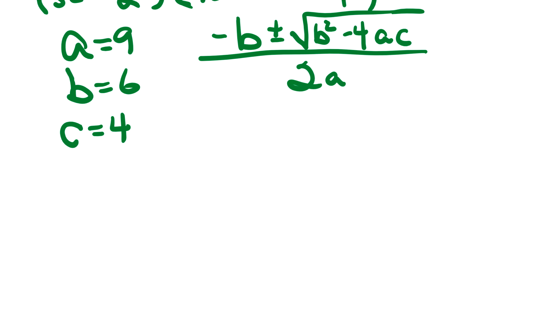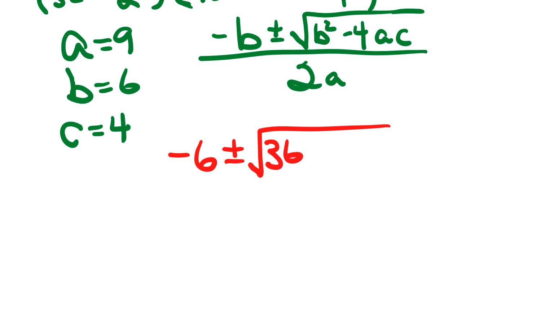Let me change colors again. Negative 6 plus or minus the square root of b squared, which would be 36 minus 4, times a, which is 9, times c, which is 4. Okay, all over 2 times a. And so that's going to give me 18 in the denominator.